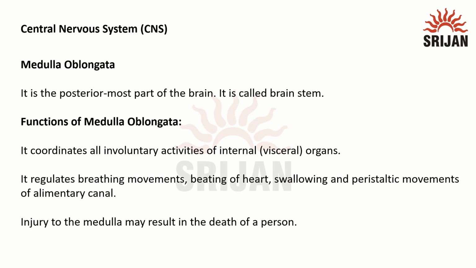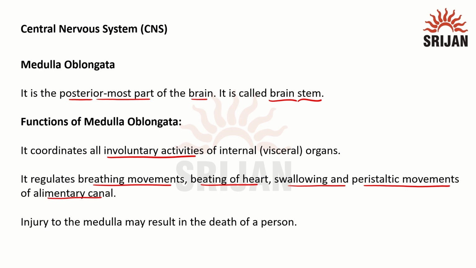The next structure is the medulla oblongata. It is located at the posterior-most part of the brain and is called the brain stem. Now, if we see its function, the medulla is responsible for involuntary activities, like breathing, heartbeat, and involuntary movement of food through the digestive tract. It regulates breathing movement, beating of the heart, swallowing, and peristaltic movements of the alimentary canal.